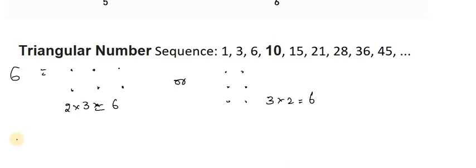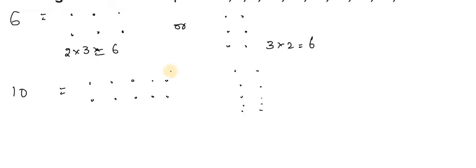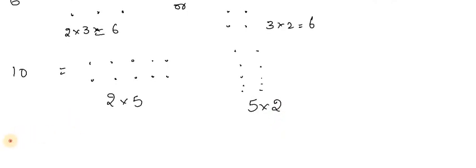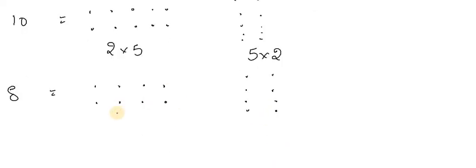And next is 12, he already gave to us, so I'm going for 10: 1, 2, 3, 4, 5 and 1, 2, 3, 4, 5, or 1 2 3 4 5 6 7 8 9 10, like this. 2 rows 5 columns, or 5 rows 2 columns. And 8: 1 2 3 4 5 6 7 8, 2 rows 4 columns, or 4 rows 2 columns.